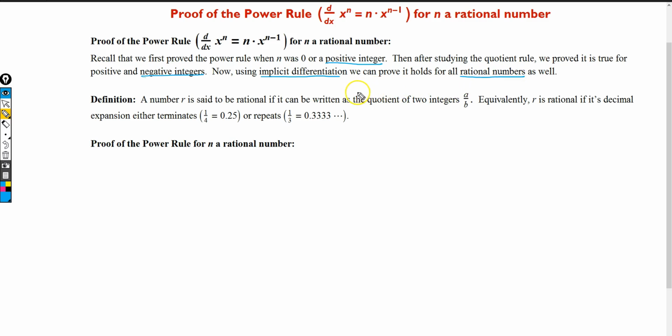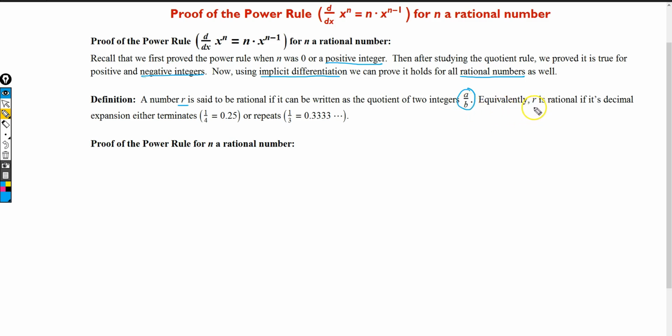Let's first recall what a rational number is. A number r is said to be a rational number if it can be written as the quotient of two integers, like a divided by b, where a and b are integers, like 15 over 32. That would be a rational number.